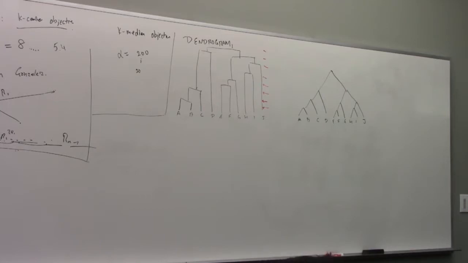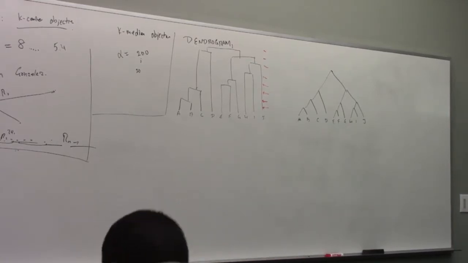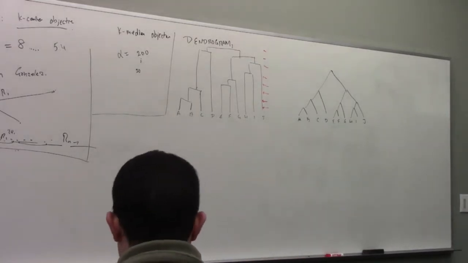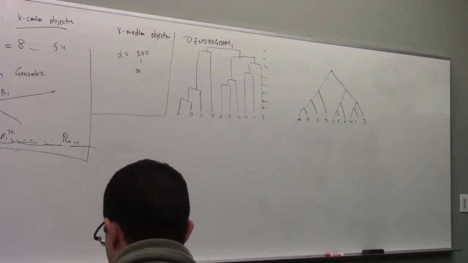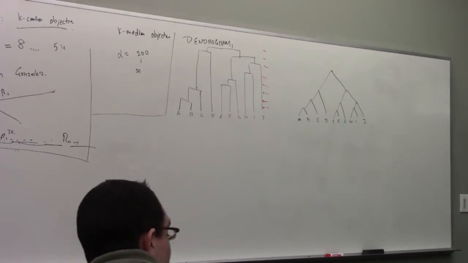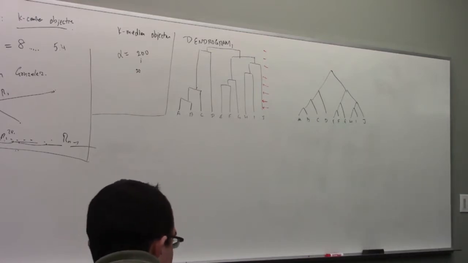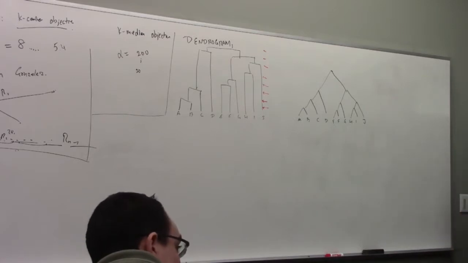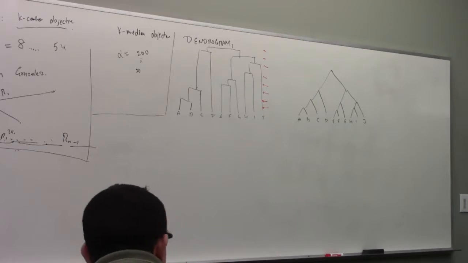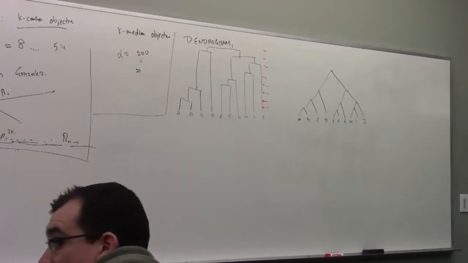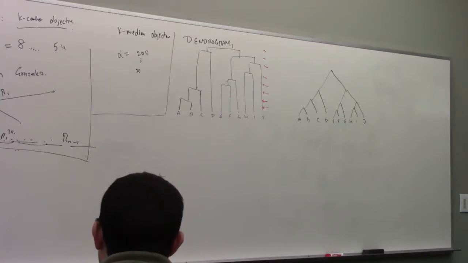Because what I'm seeing is that the dendrogram is exactly similar to the tree. But what about the point I just made? Okay, so instead of a straight line horizontally, you directly connect the nodes to the point. You're basically drawing horizontal lines.